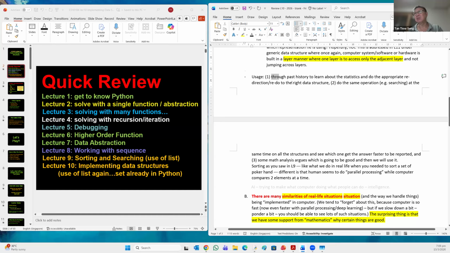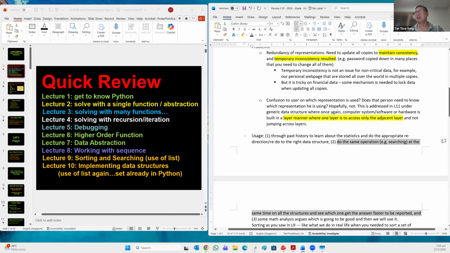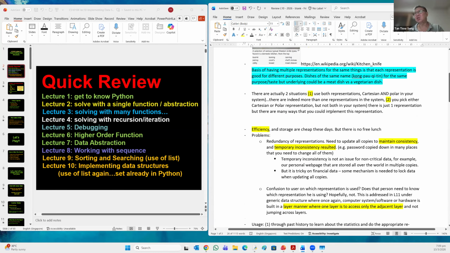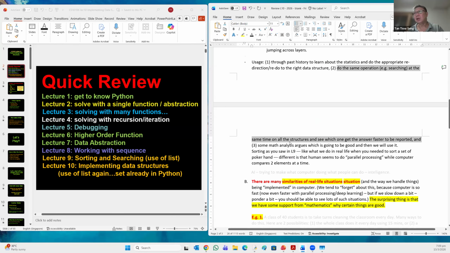So this system-level person may have to study the past history of how things are being used by the application-layer people, and then take some statistics and see which is the better representation to use. Should he change the representation or not? These are things that result from having the possibility of creating multiple representations.